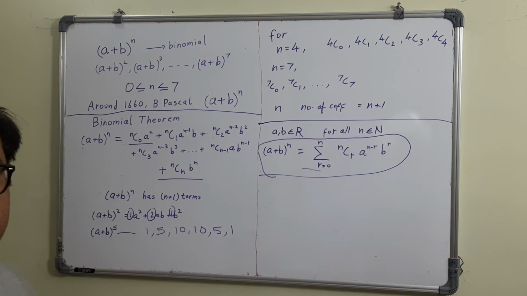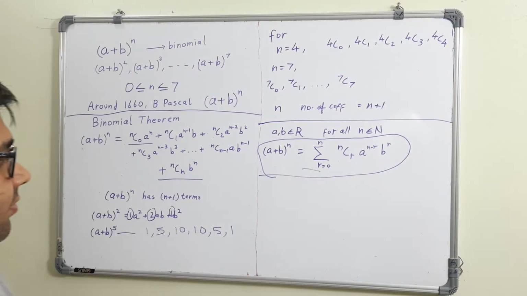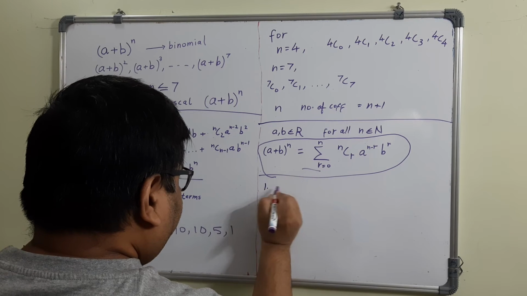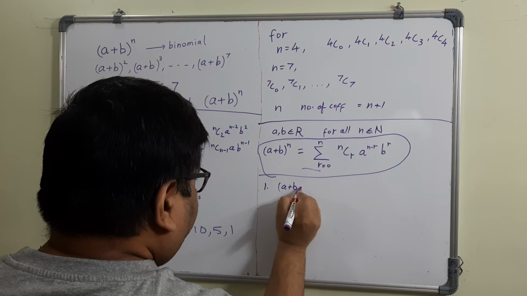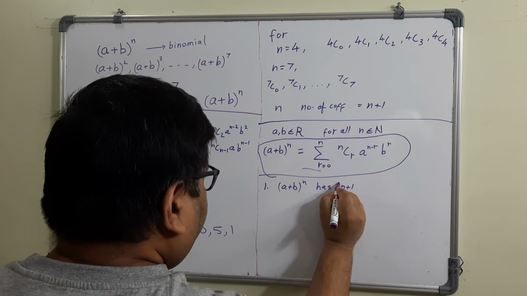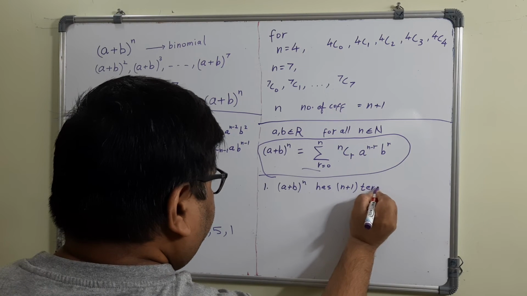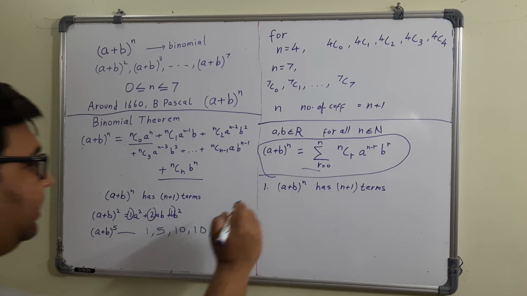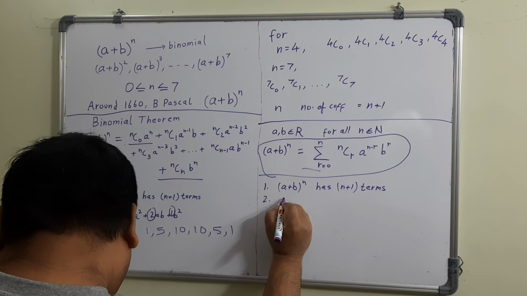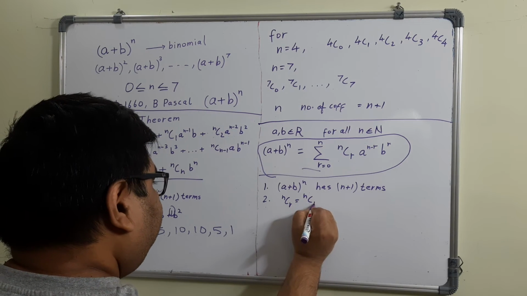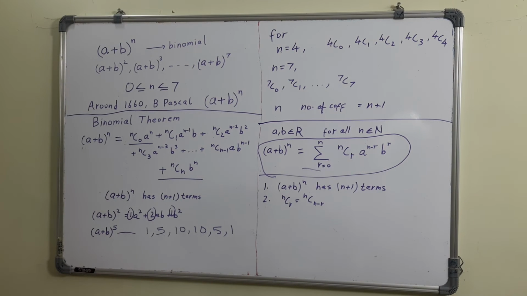Now we have some observations in this binomial theorem. The first observation says that (a + b)^n has n plus 1 terms. The second observation says that we know that nCr equals nC(n minus r).